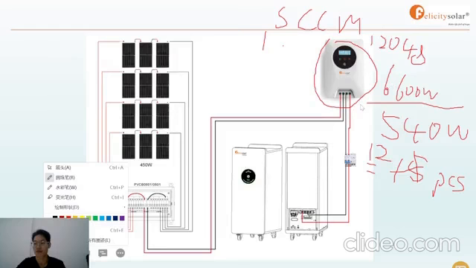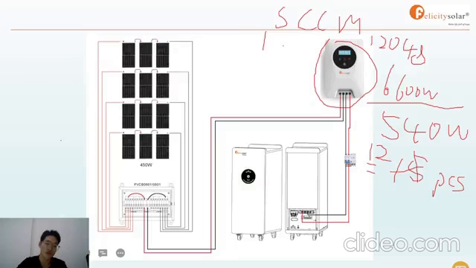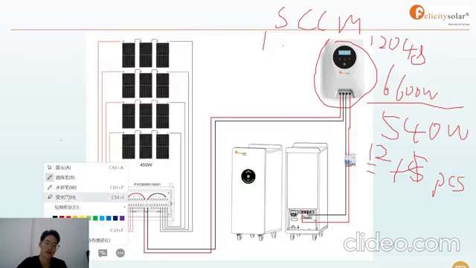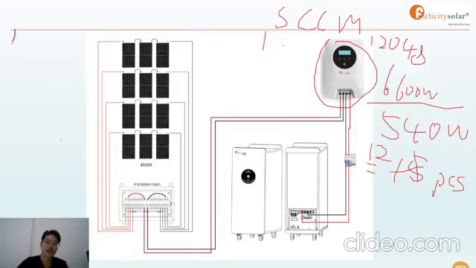If you selected 540 watt panels, you divide 6,600 by 540. The number will be around 12. So now you got 12 pieces of panels.